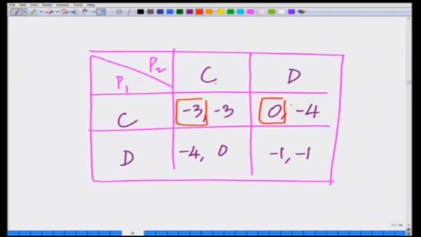Similarly, if P1 chooses to confess, the best response of P2 is to confess. If P1 chooses to deny, the best response of P2 is again to confess. So, irrespective of P1 choosing confess or deny, the best response of P2 is to always confess.